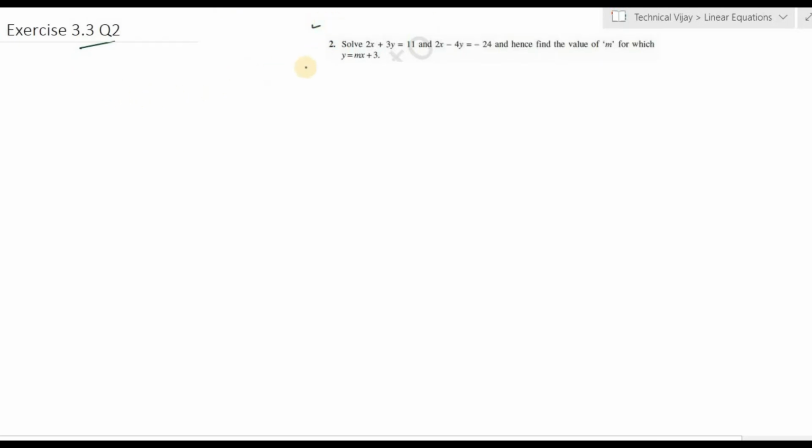Now we will solve exercise 3.3, question number 2. So we have to solve these two equations, the pair of linear equations he has given: 2x plus 3y is equal to 11 and 2x minus 4y is equal to minus 24. And from this, hence find the value of m for which y is equal to mx plus 3. So first we have to solve these two equations and find the values of x and y, then substitute the x and y values in this equation so that you will get the m value.